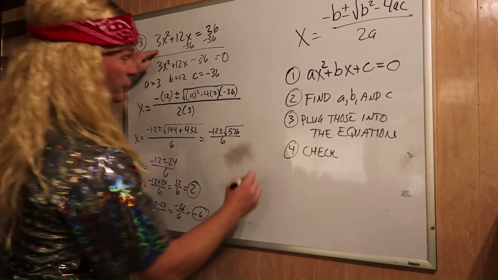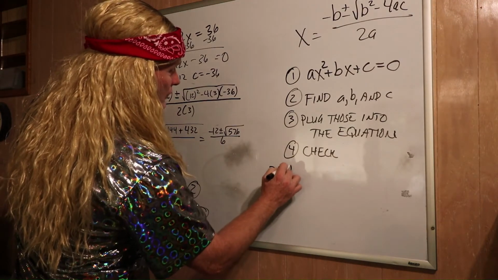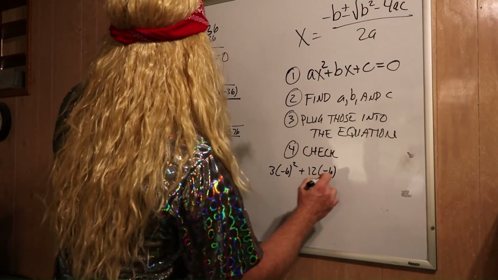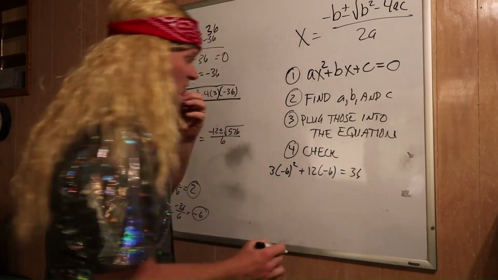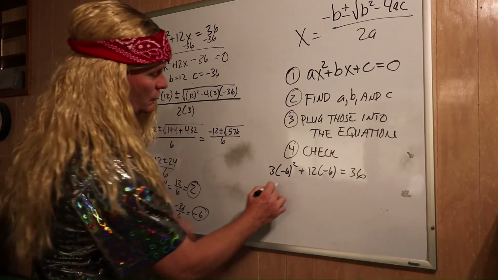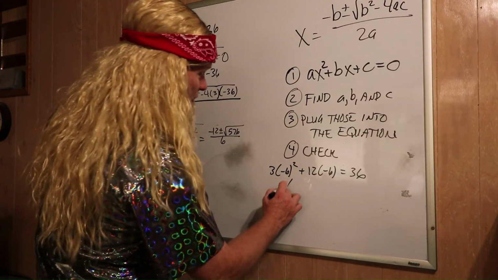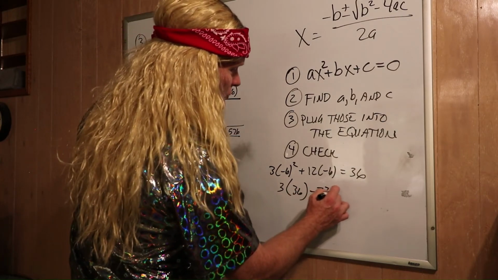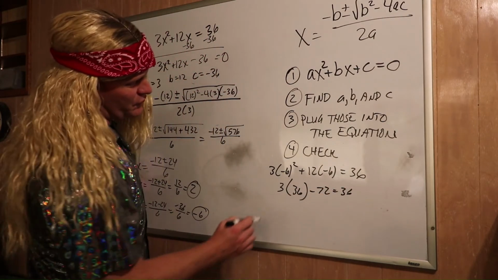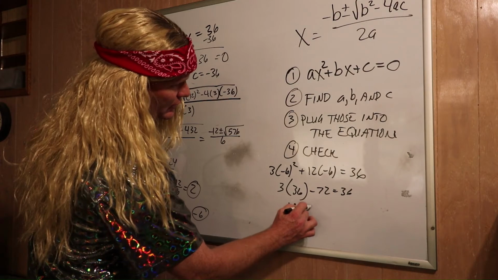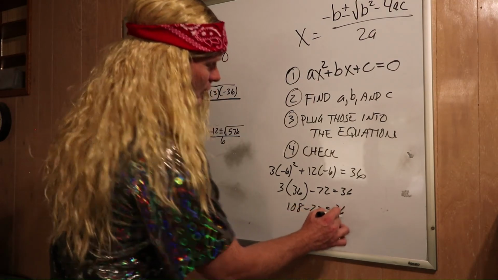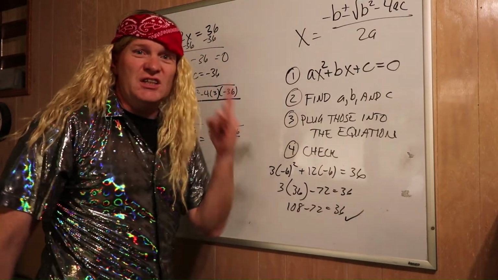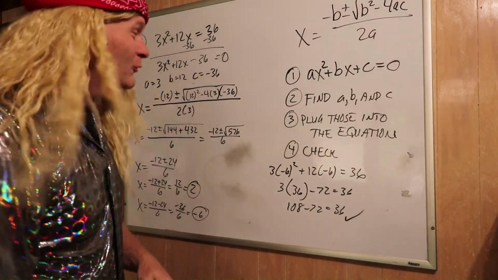Here we go. 3 times negative 6 squared plus 12 times negative 6 should equal 36. See, negative 6 squared is 36. 12 times negative 6 is minus 72. 3 times 36 is 108. Does 108 minus 72 equal 36? Yes, it does. Rock on.